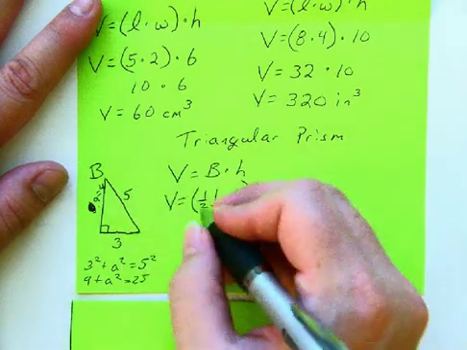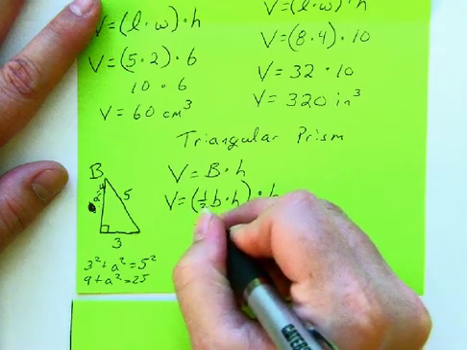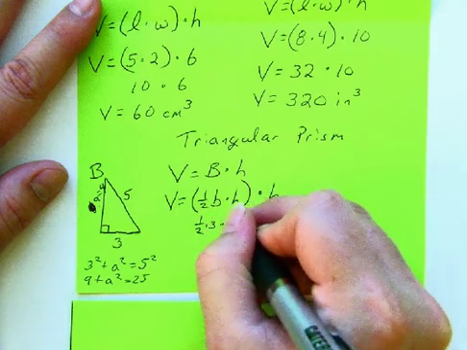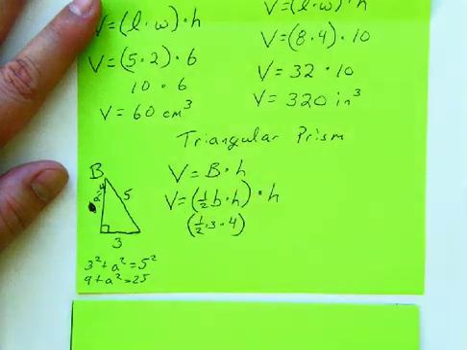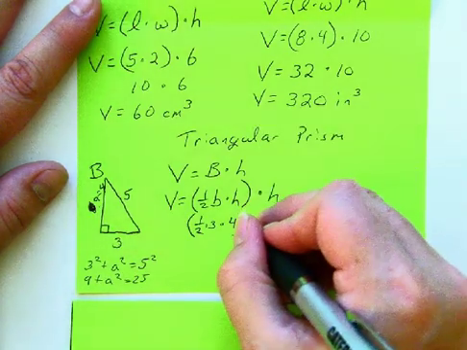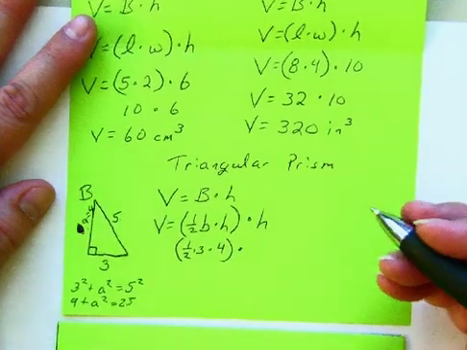So to get the area of our base, we're going to take 1/2 times 3 times 4, okay, 1/2 of our 2 legs that are perpendicular to each other times the height of the whole prism. So let's come back up here. The height of the whole prism was 8.